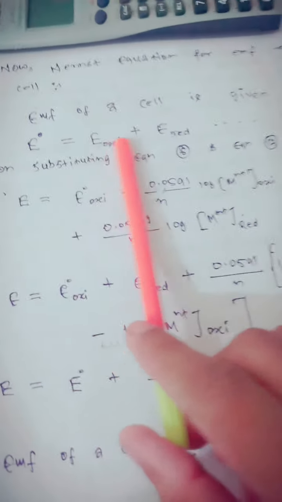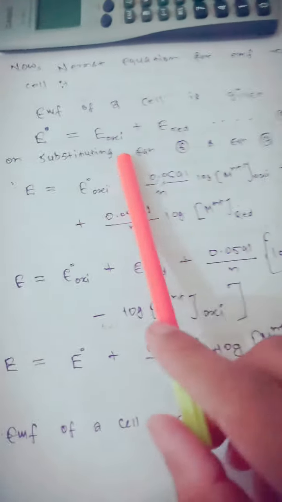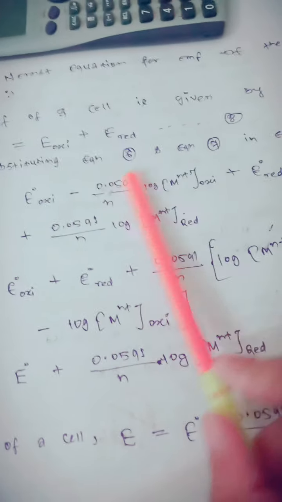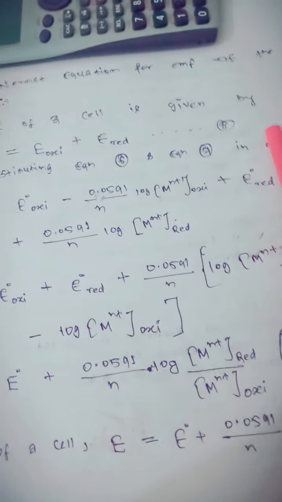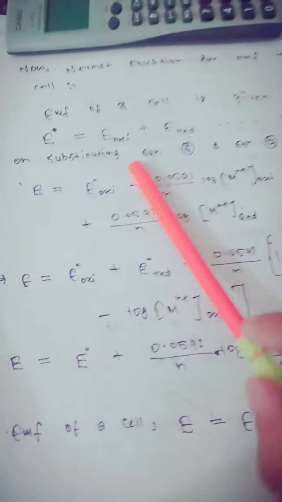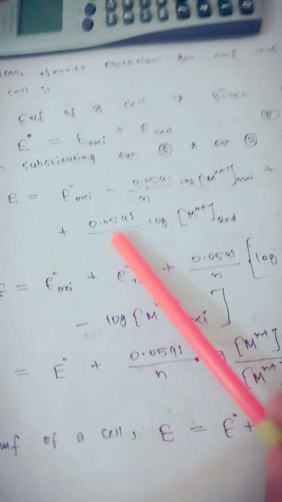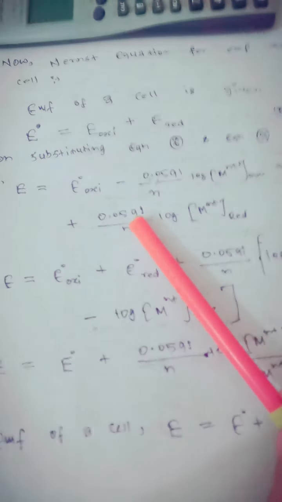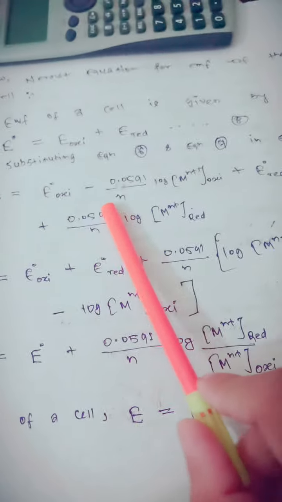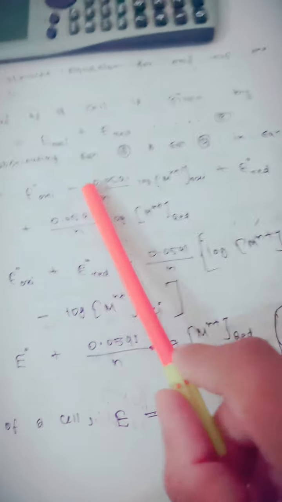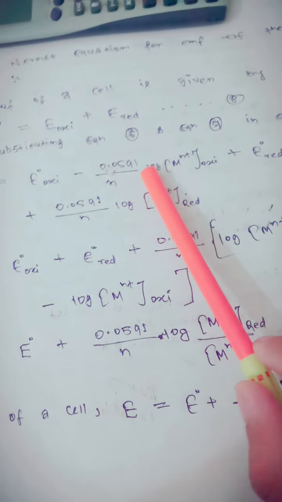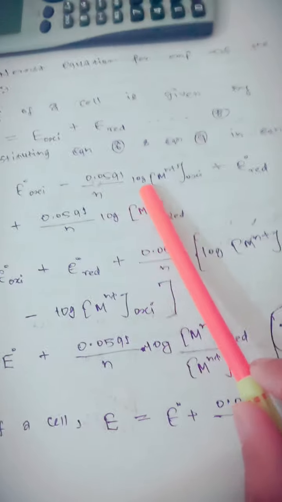In a similar way, I added here the electrode potential for oxidation and the electrode potential for reduction. Let it be equation 8. My oxidation potential value is this much: E naught oxidation minus 0.0591 by n log M power n plus oxidation.